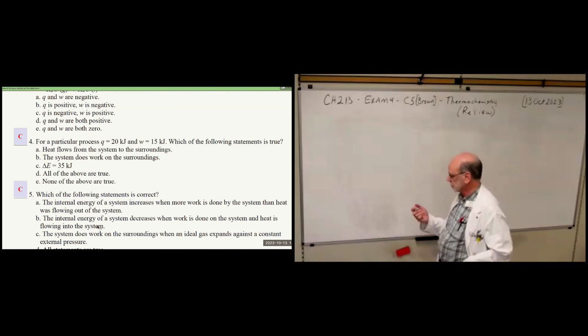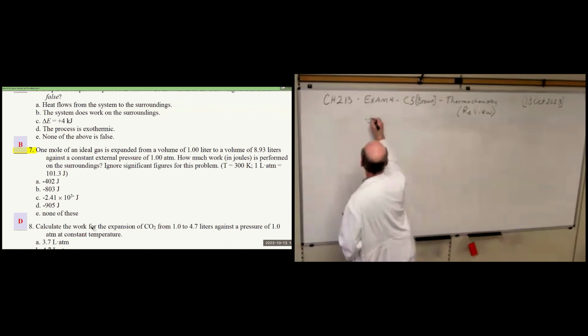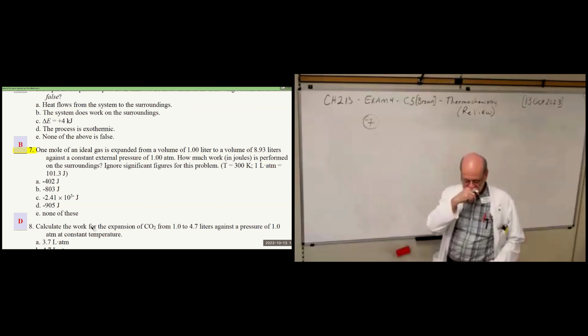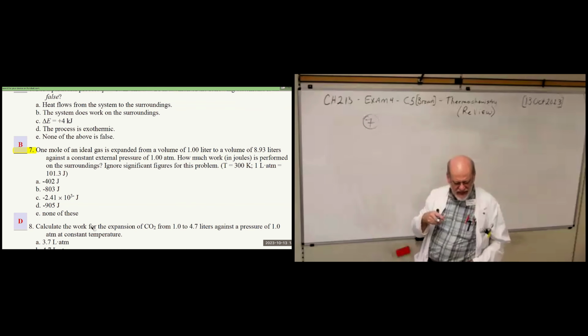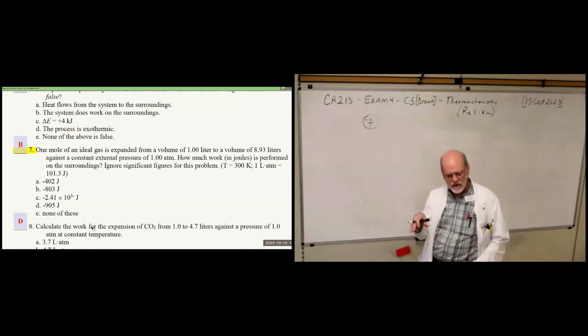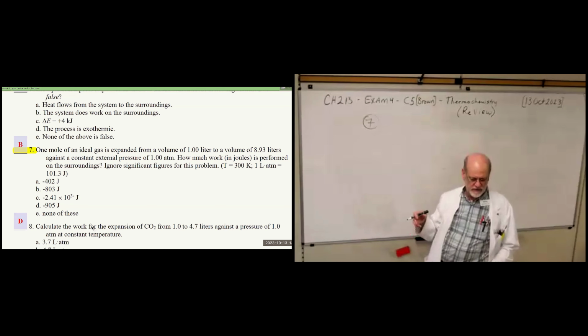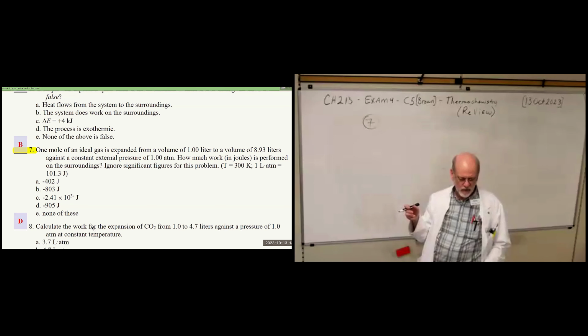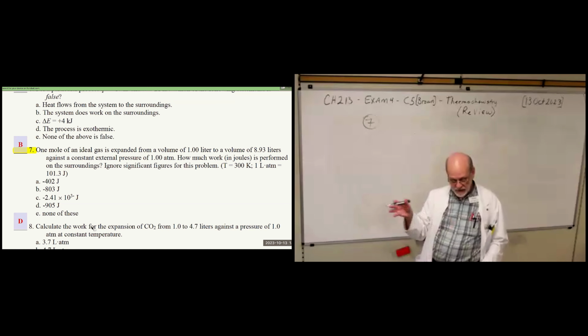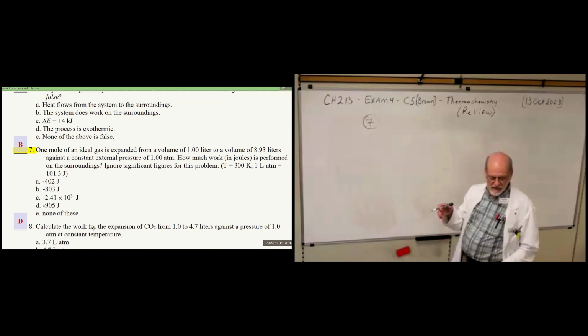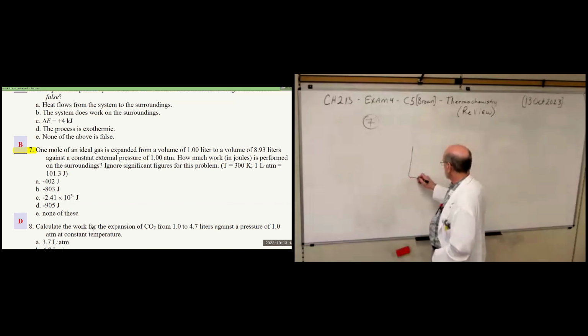Number 7. 1 mole of an ideal gas is expanded from a volume of 1 liter to 8.93 liters against a constant pressure. How much work in joules is performed on the surroundings? Okay, we're going to ignore significant figures. Right, I like to draw pictures.